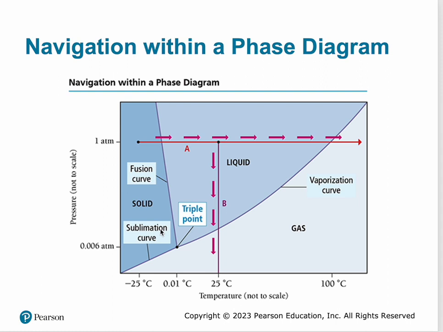So again, what would they tell us about the phase diagram? We have a liquid, solid, liquid, gas. So what is this triple point that the authors and many books talk about? The triple point is when all of them are in equilibrium. So we have a solid, liquid, and gas.